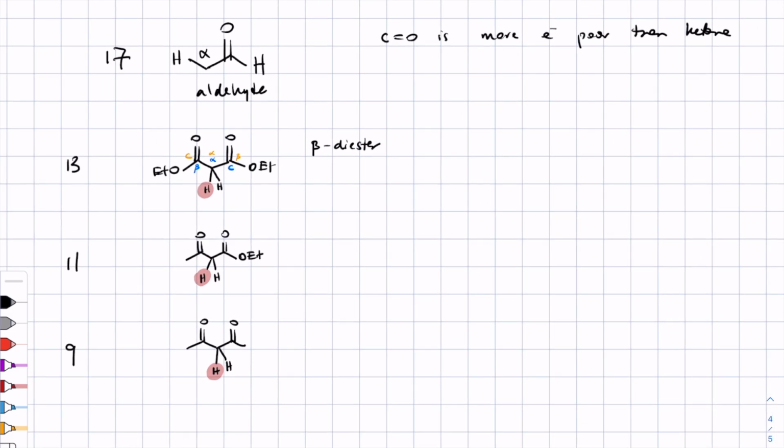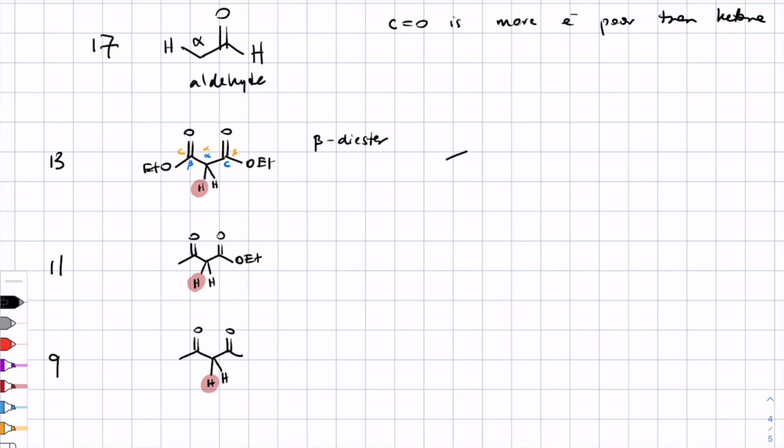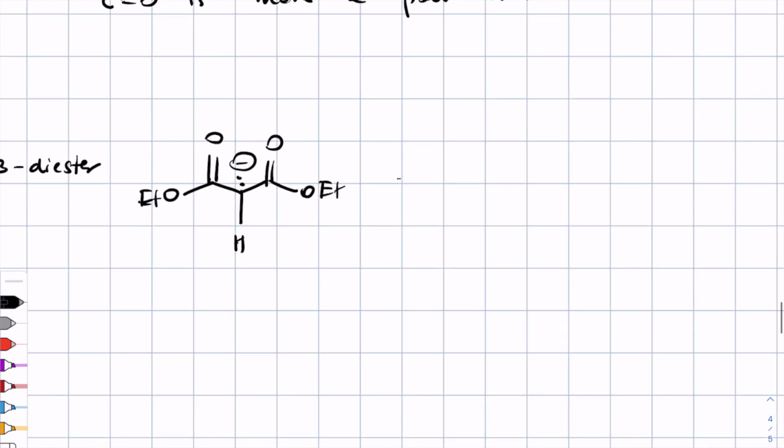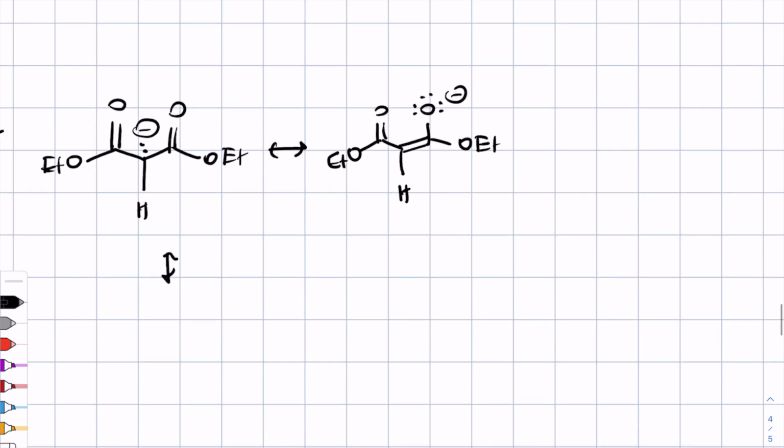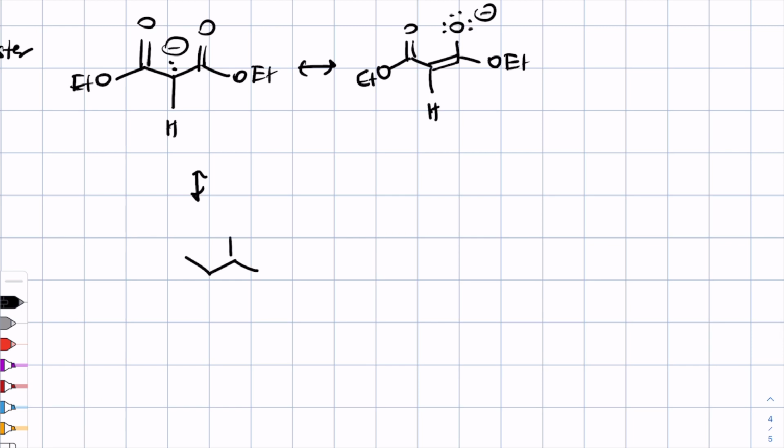The reason the pKa's are so much lower than for the individual carbonyl compounds, let's just draw the conjugate base of, say, the beta diester. You can realize that now instead of having only one enolate resonance structure where the negative charge is delocalized on an oxygen, now you have an option for a second resonance structure in which the negative charge is delocalized on the other oxygen.